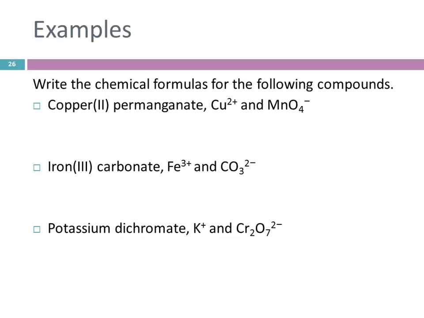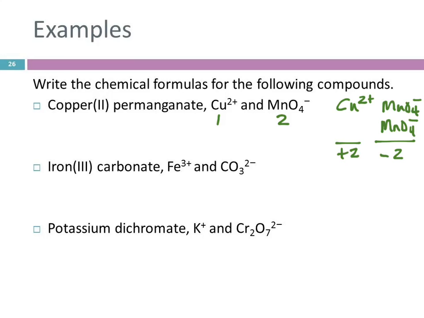We need 2 of the permanganates, because it's got a minus 1 charge. We're going to need 2 of these and 1 of those. So if we have 2 MnO4 minuses, that's going to give us a -2 to balance the +2 on the copper.